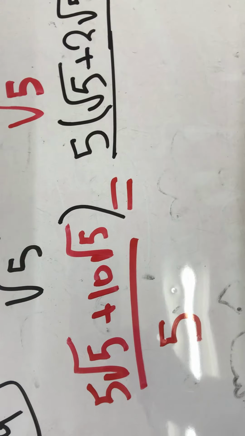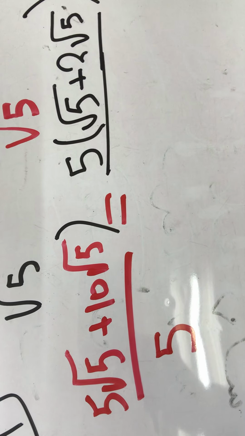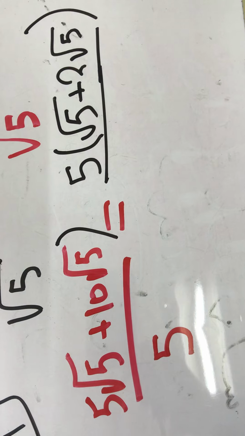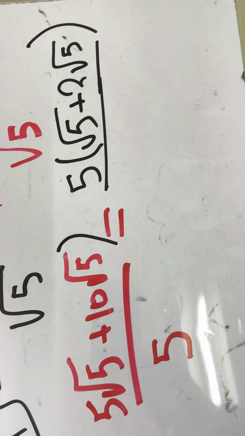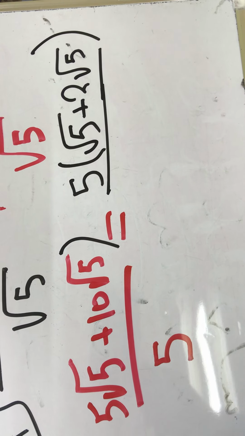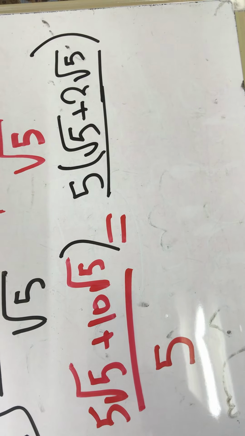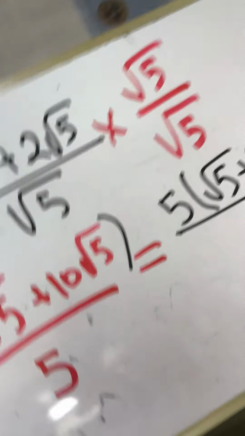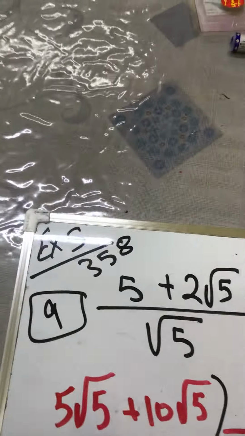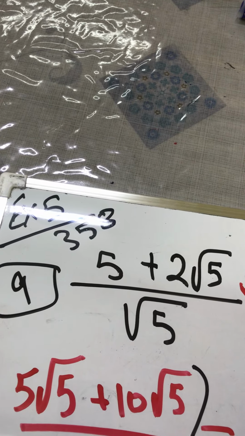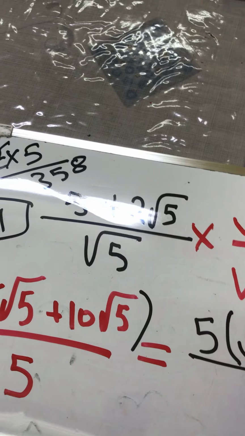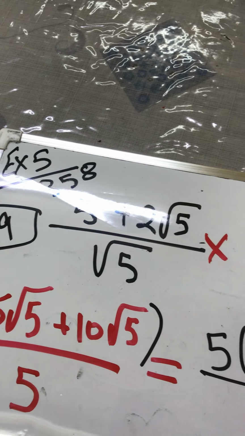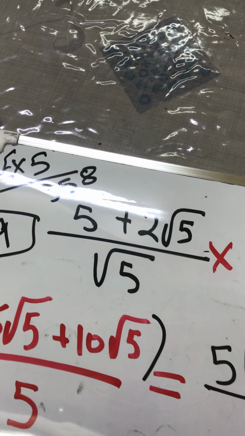Look carefully. Here I took 5 multiplied by square root of 5 like this, and 2 square root of 5 multiplied by square root of 5.